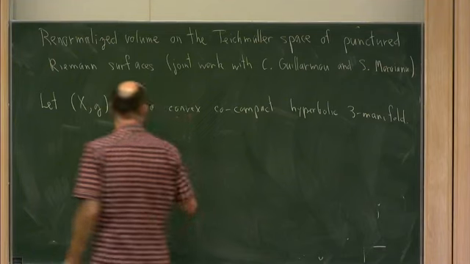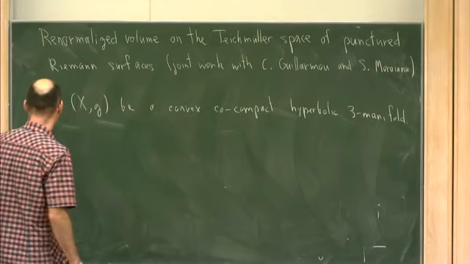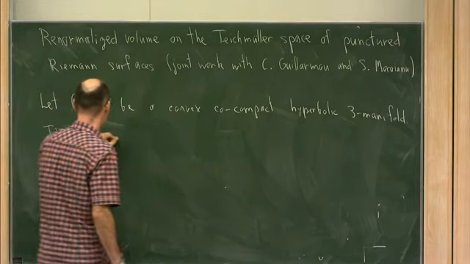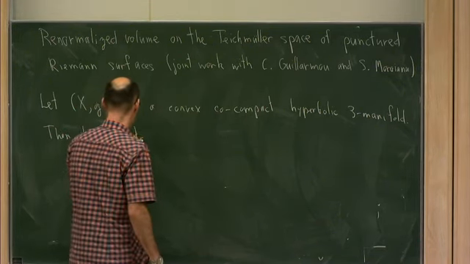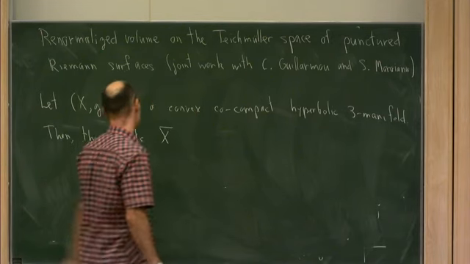Okay, so this convex co-compact means essentially that there exists a boundary compactification.